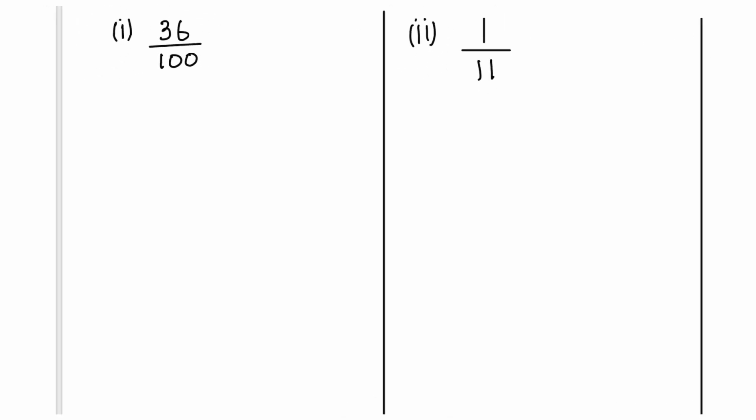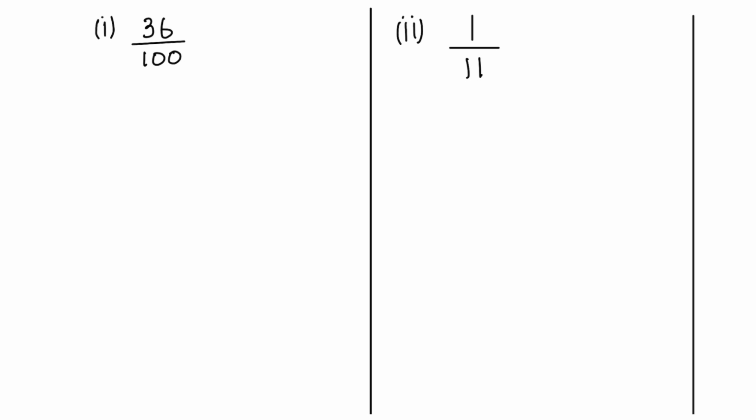Now we are starting with the first number, which is 36 divided by 100. It's one of the simplest things one could ask, because 36 divided by 100 is very simple. You could straight away say it is 0.36. There is no need for you to do any calculations. There is no thinking required. It's 0.36.